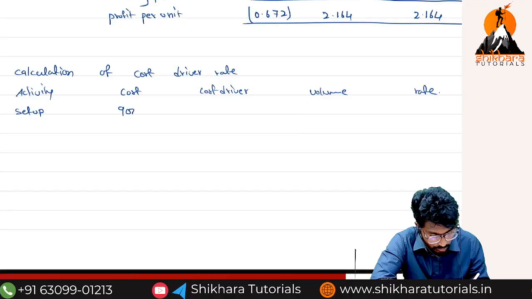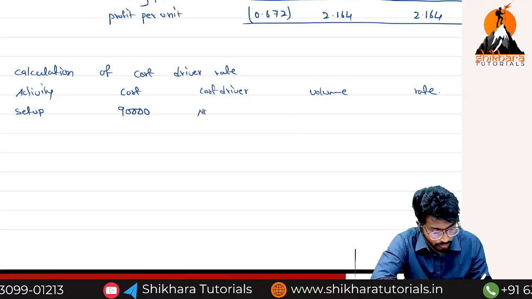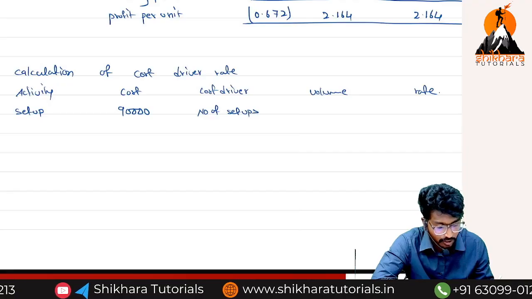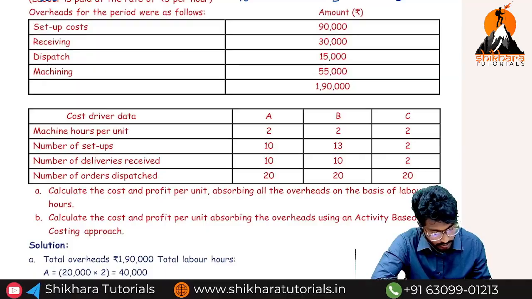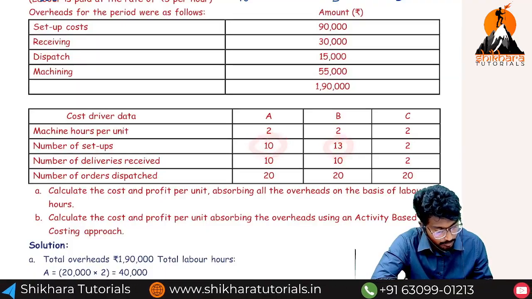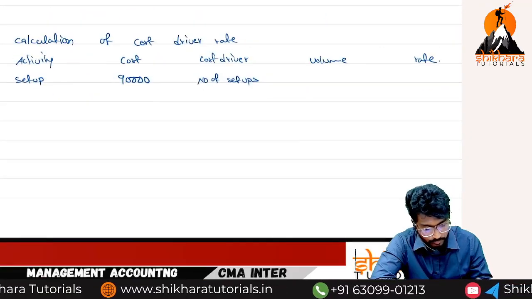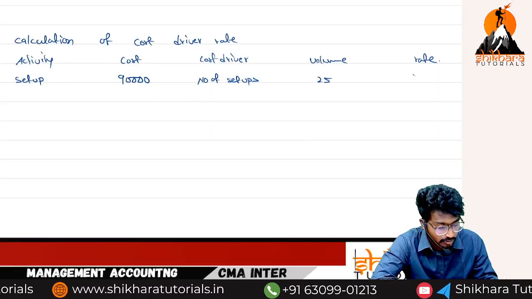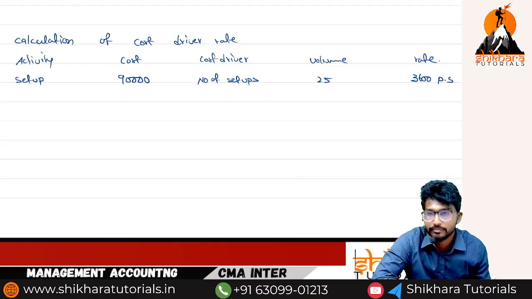Cost driver is the number of setups. What is the volume? In total, number of setups 10 plus 30 plus 13 plus 2, that is 25. What is the rate? 3,600 per setup.